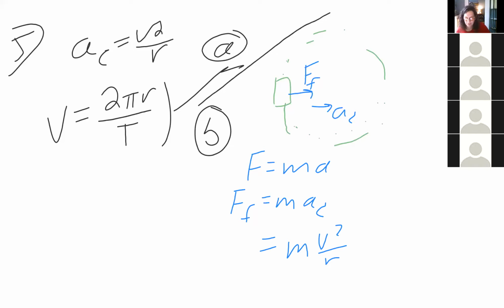Now, the one note that I will make is that this is a pretty straightforward case where we can just say that our force of friction is our centripetal force. You can probably imagine in a few problems, we're going to have situations where it's not as directly related as that. And we'll have to do the X and the Y forces and do all of that rigmarole. But for now, let's just keep moving through these problems.